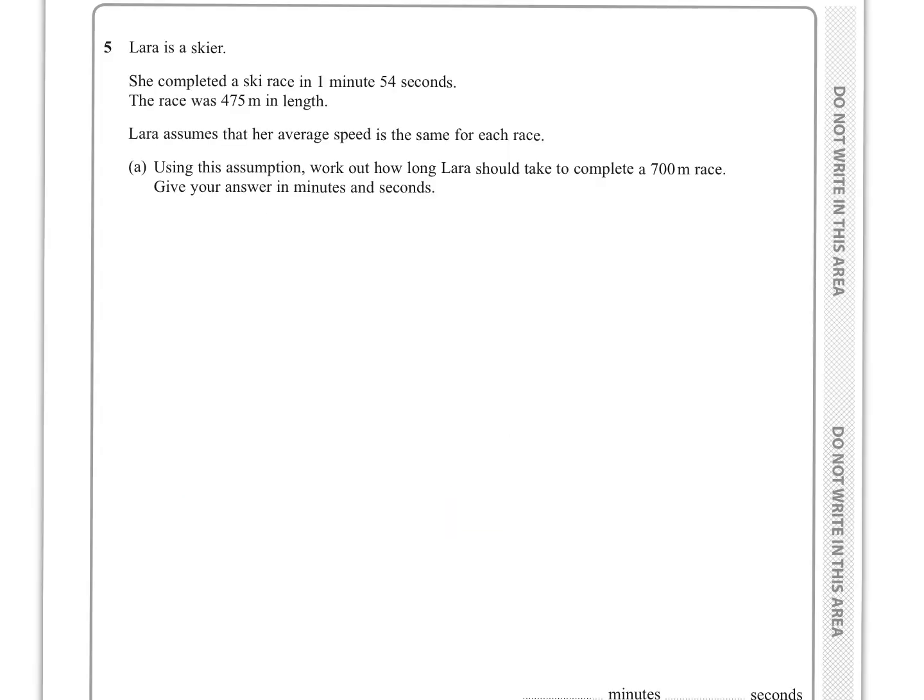Question 5. Lara is a skier and she completed a ski race in 1 minute 54 seconds, and the race was 475 metres in length. So let's have a look at that first. So that's 475 metres in 1 minute, that's 60 plus 54 is 114 seconds.